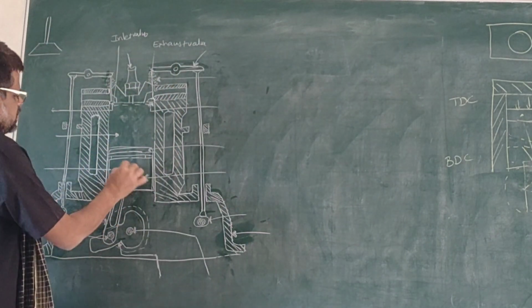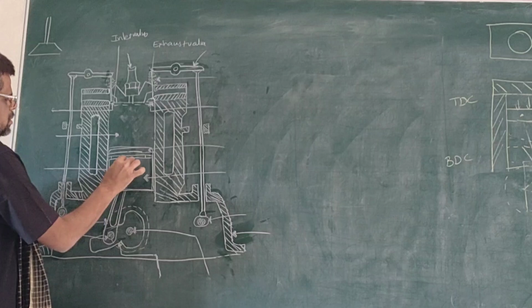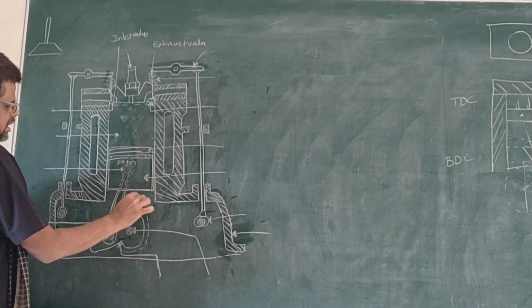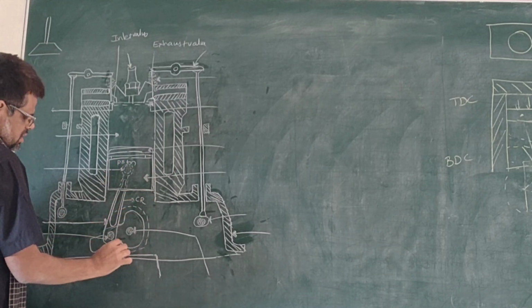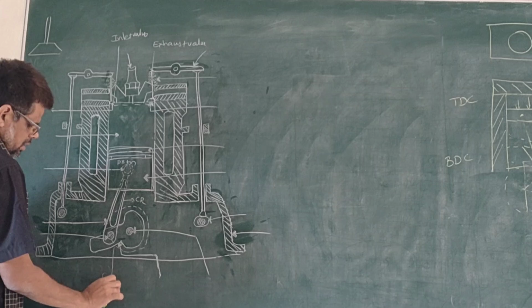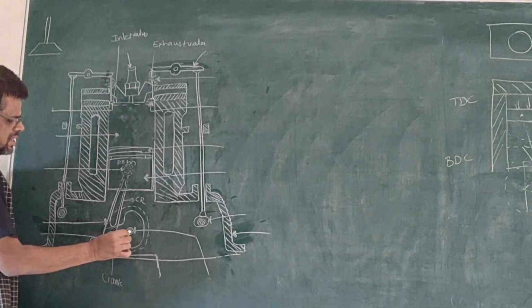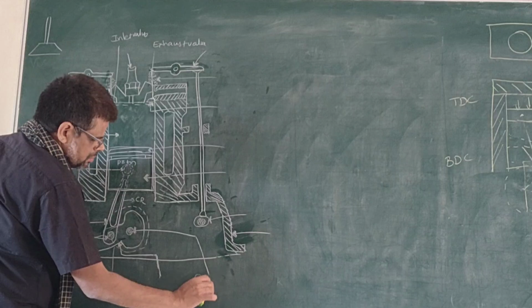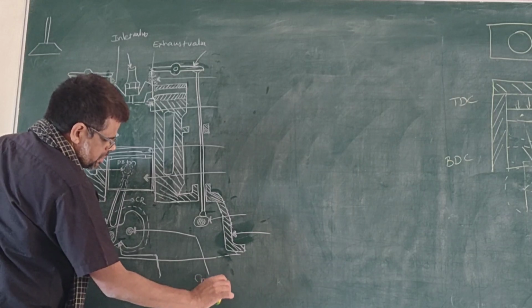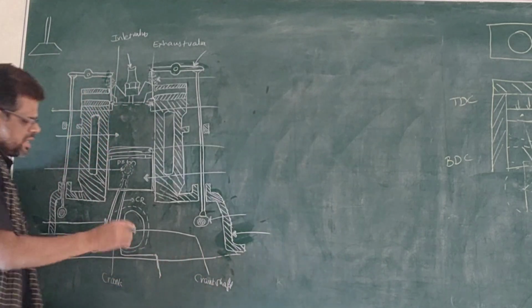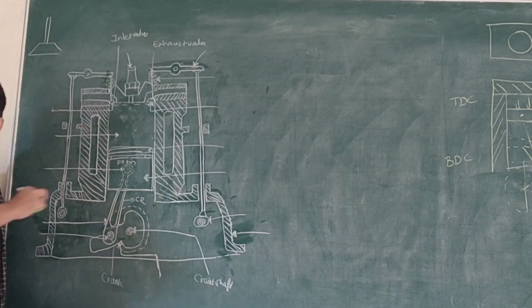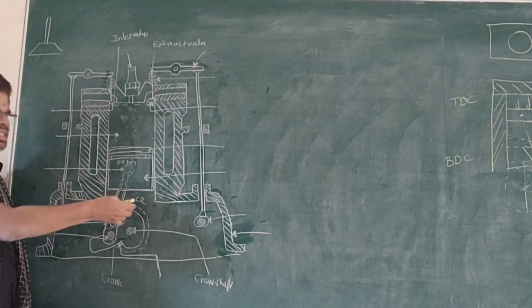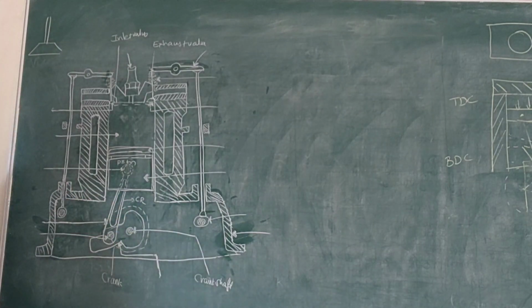And this is our piston, this is our connecting rod, and this is our crank, and this crank is mounted on this crankshaft. So there is a long shaft, a small shaft on which this crank is mounted. As the crank rotates, the crankshaft also rotates.